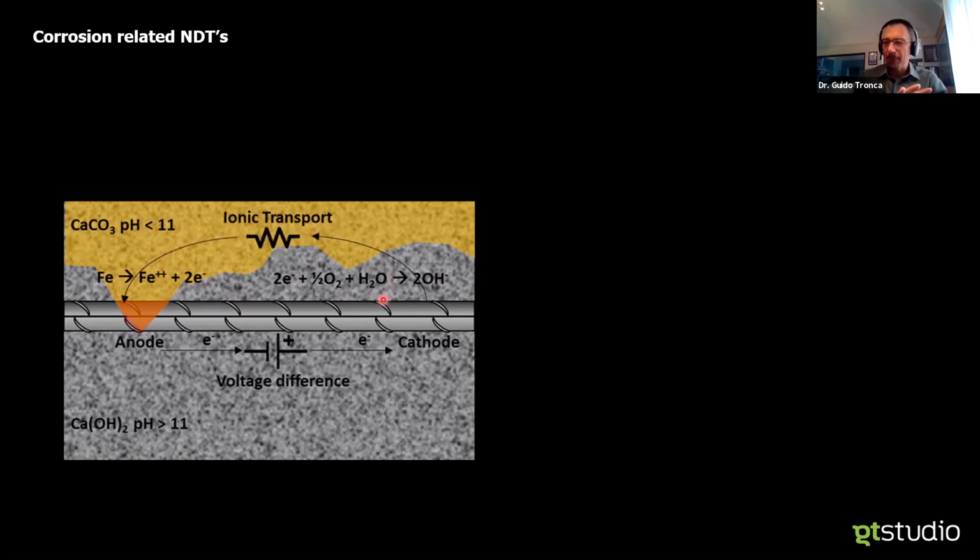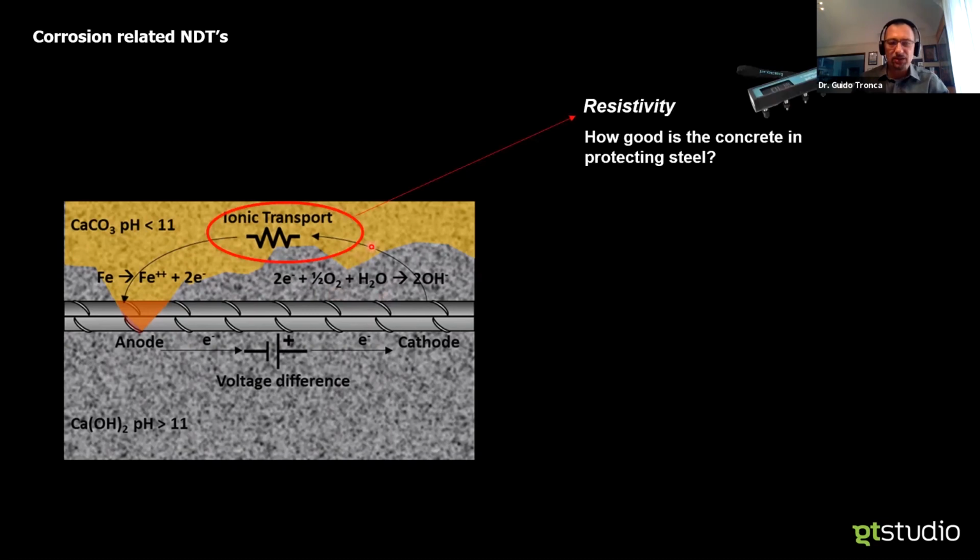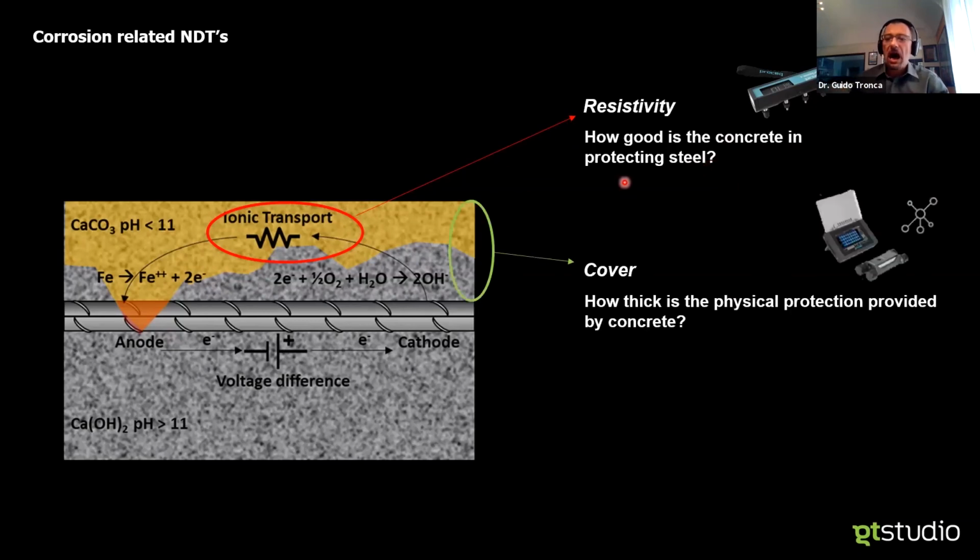So if we accept this scheme, we see ionic transportation in the concrete, and conductivity is the answer to how good the concrete is in protecting steel. Well, a conductive concrete is not, a resistive concrete is.